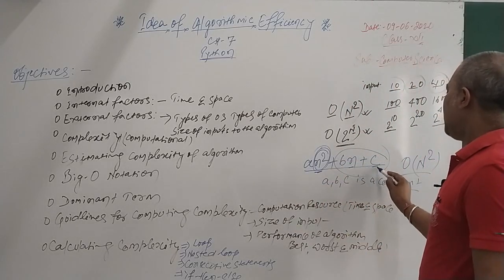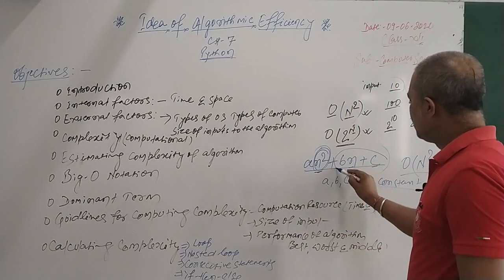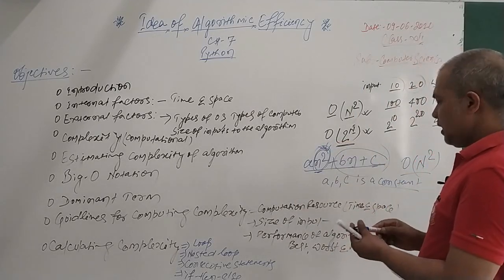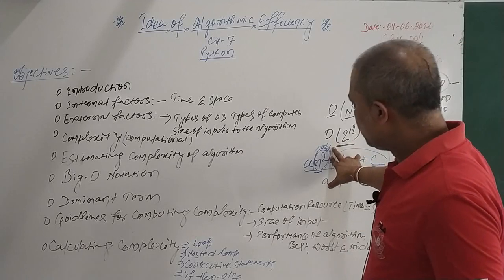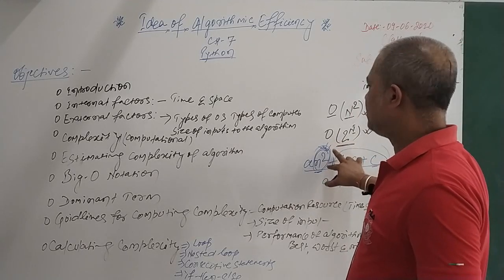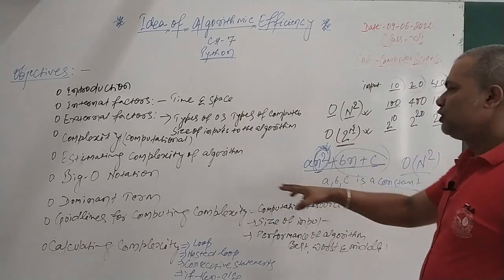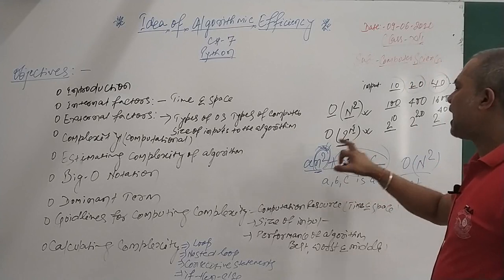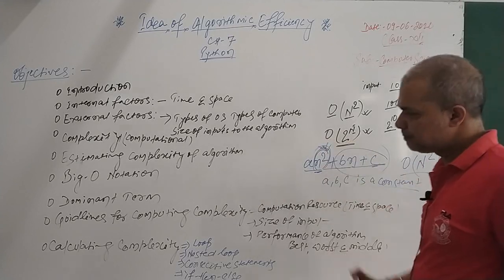The rest are lesser than that, so we'll ignore them. This is the factor which will let us know how cumbersome, how efficient, how complex an algorithm is. This is how n square is the dominant term compared to bn.